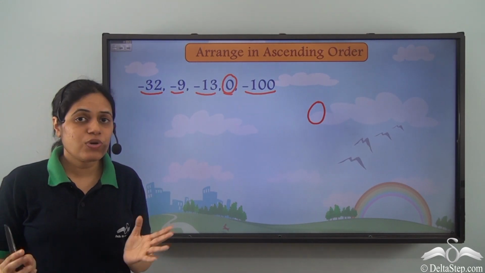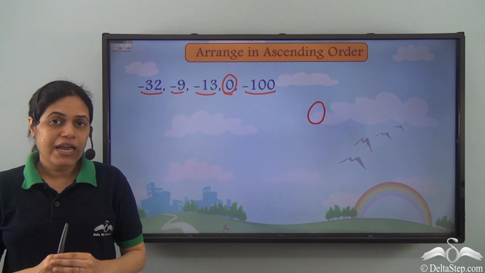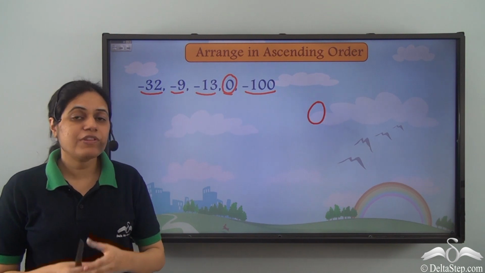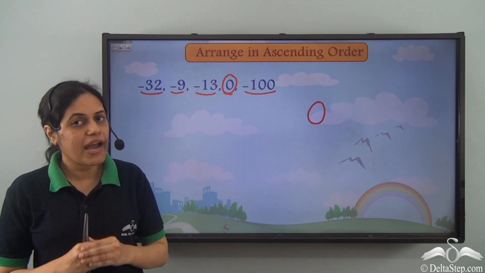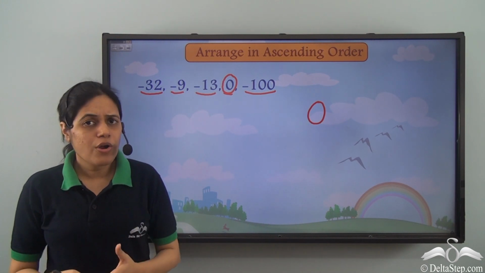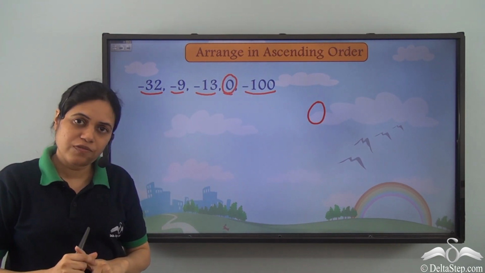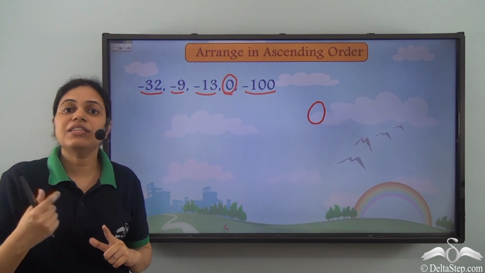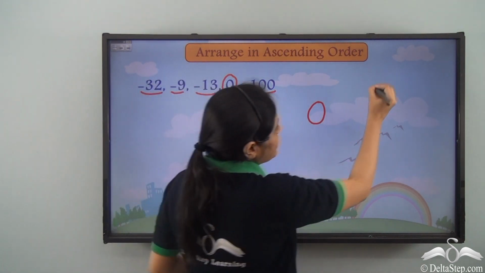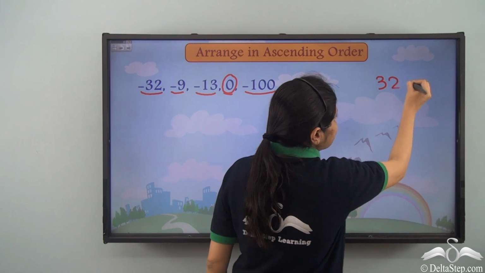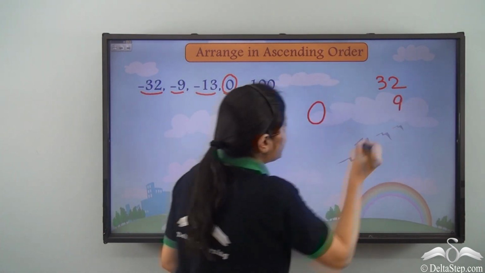Now I need to compare these negative numbers among themselves. I know that a negative number with a lower magnitude is greater than a negative number with a higher magnitude. Or I can just take the magnitudes of these numbers, that is, the positive values. Instead of negative 32, I take 32. For negative 9, I take 9.